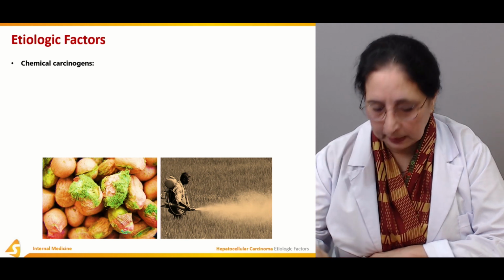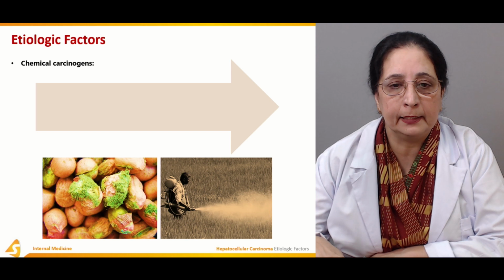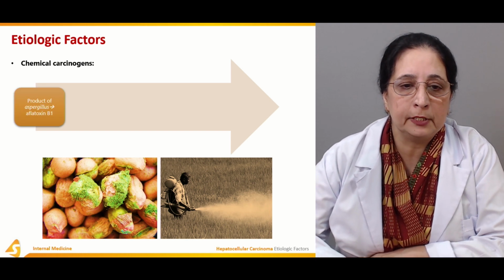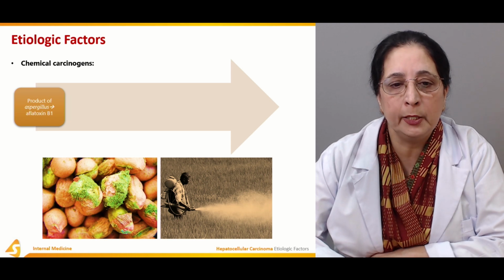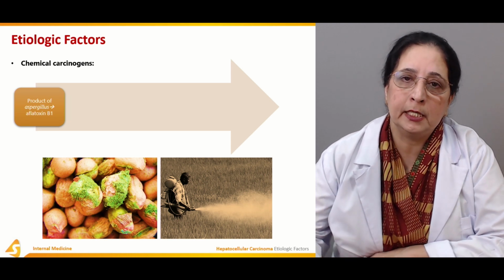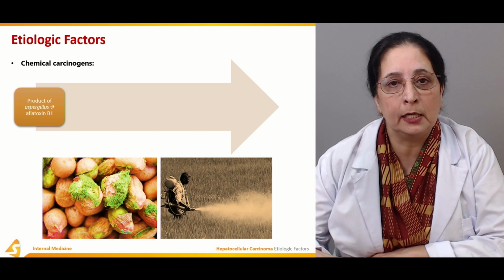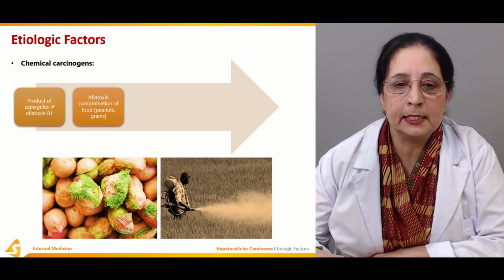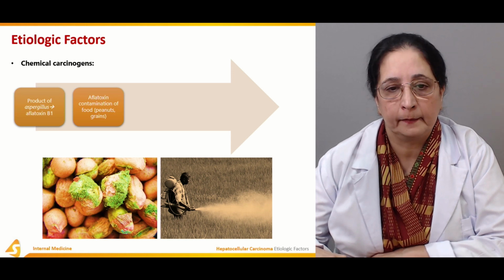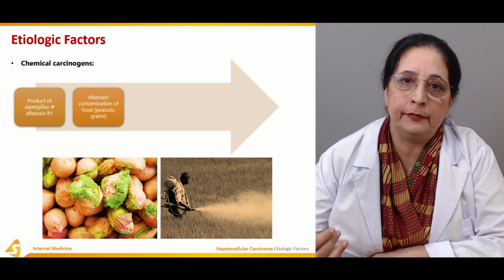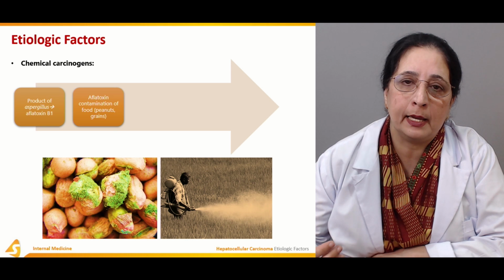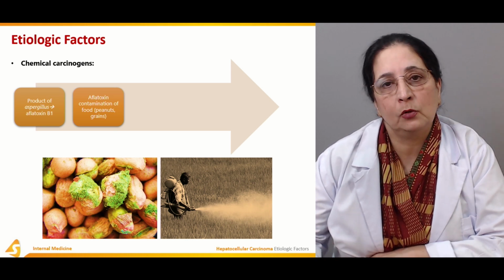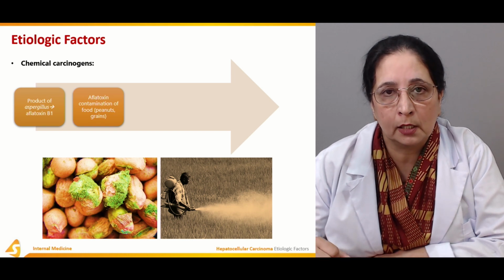Some chemical carcinogens, like the product of aspergillus, which is aflatoxin B1, are associated with hepatocellular carcinoma. Then aflatoxin contamination of food: peanuts and grains, if they are contaminated by aflatoxin, can also cause hepatocellular carcinoma.